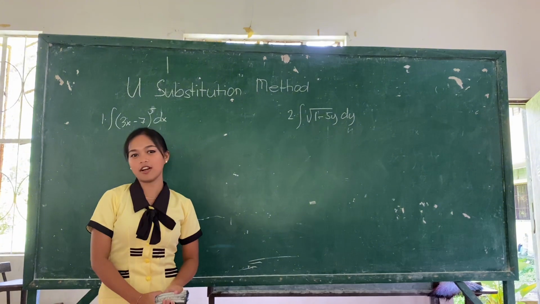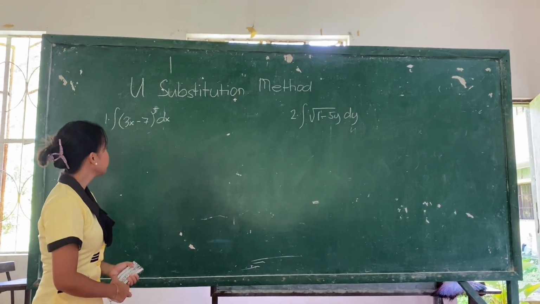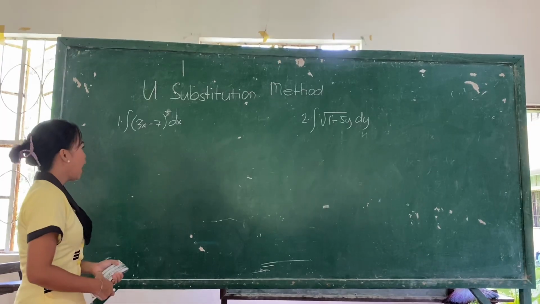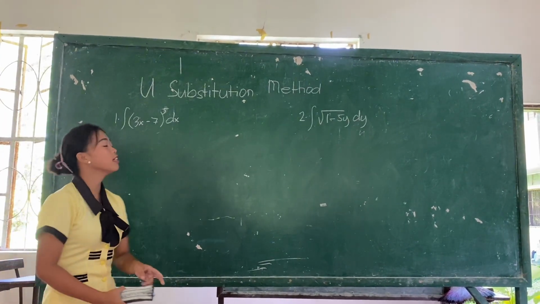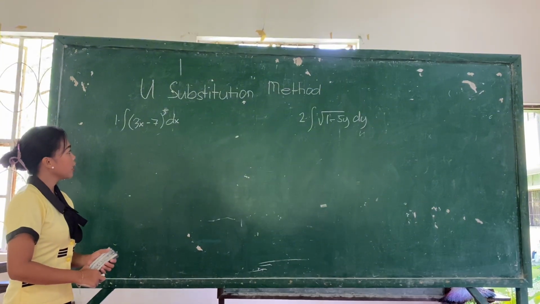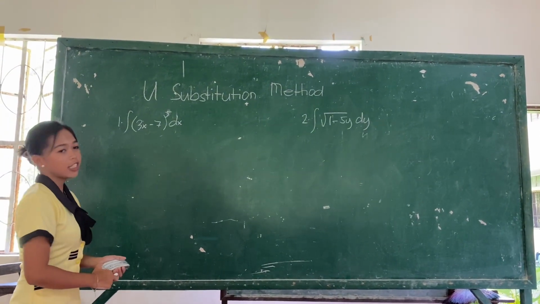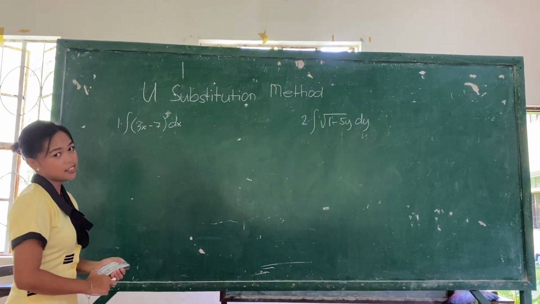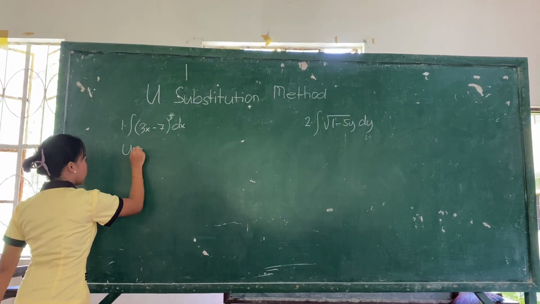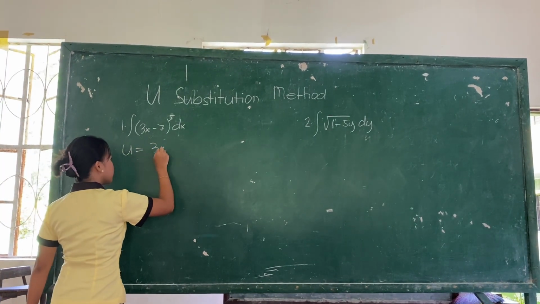Now let's move on to our next topic. Our next topic is the U substitution method. I have 2 examples. The first example is integral of (3x minus 7) raised to the power of 5 dx. First, we will let u equal 3x minus 7.